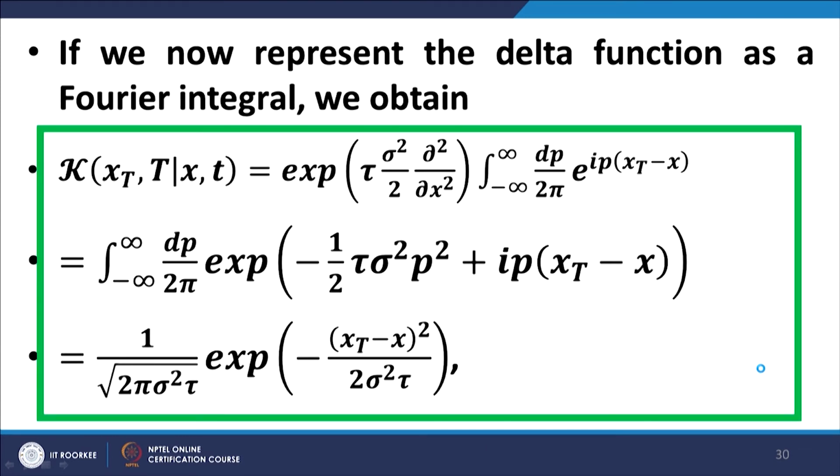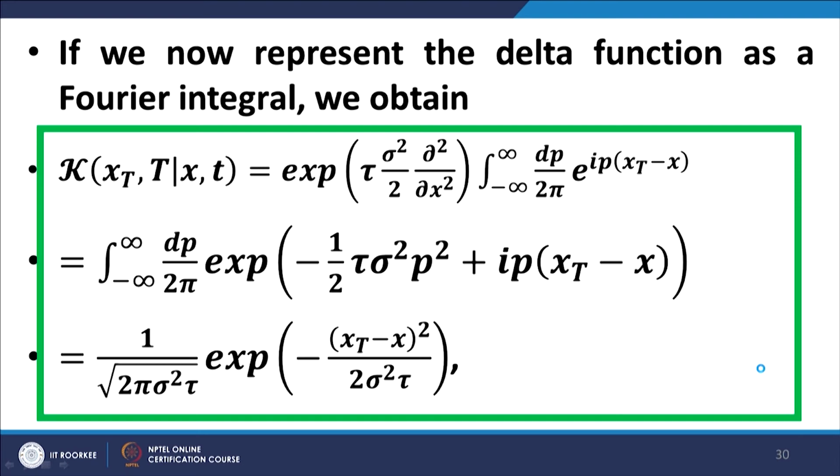This can be easily verified by applying this operator and writing down delta in terms of its Fourier form or Fourier integral, and then applying this operator on the delta function written in terms of the Fourier integral, and then evaluating the Gaussian integral. We get the same result, the same expression for K as we obtained through the path integral formalism.